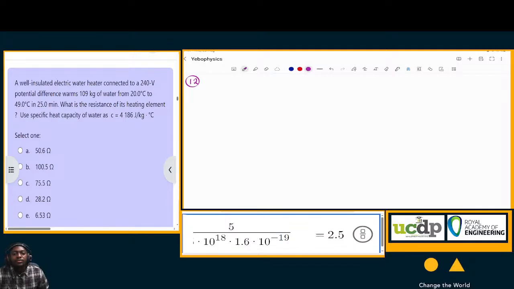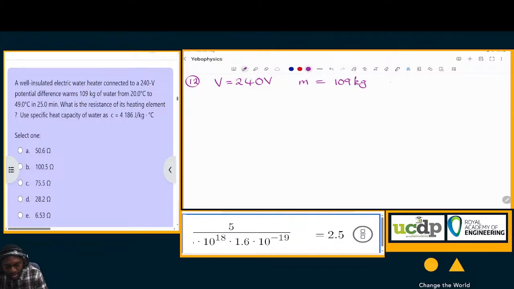So in this question we're being asked to find resistance, but we're given a couple of things. We're given the rating, 240 volts. The electric heater is connected to 240 volts, so our V is 240 volts. That's the potential difference. We are given the mass of the water, which is 109 kilograms. What else are we given?